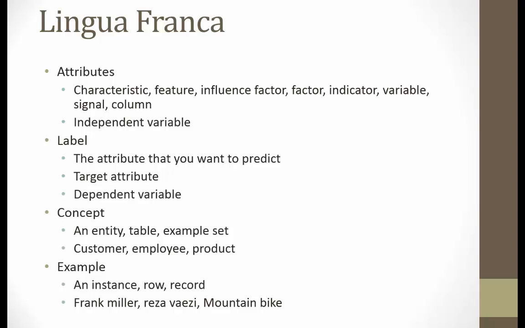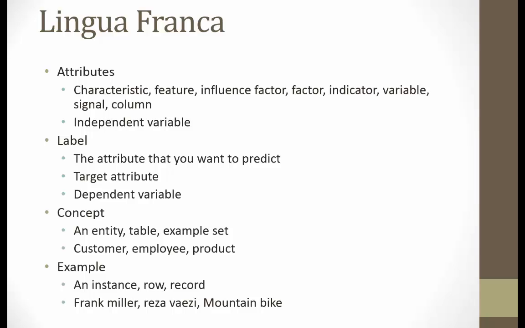It is also called dependent variable, especially in regression analysis. When you are reading a statistical text or different textbooks, you may just see dependent variable instead of a target variable or a label variable.